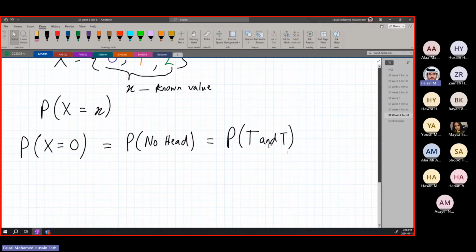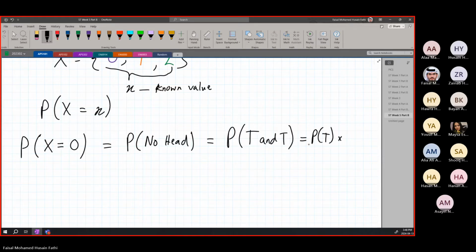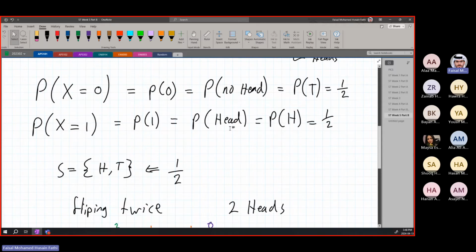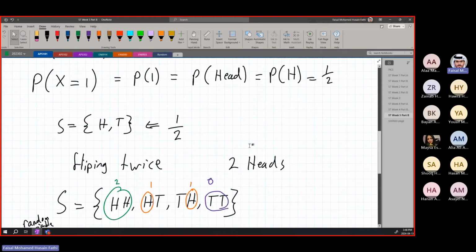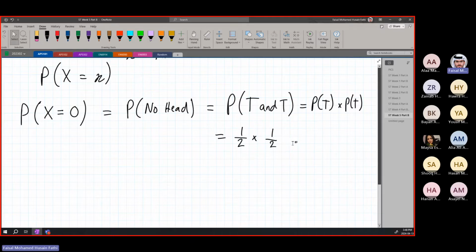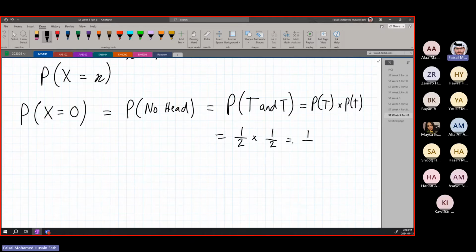So it's P of T and T. And we already know that P of T and T is simply P of T times P of T. Remember, there's no conditional probability here because these are independent events. When you flip a coin, you can flip it again, and it has nothing to do with the first flip. They do not depend on each other. So it is going to be P of T, which is 1 over 2, times 1 over 2, which is equal to 1 over 4.